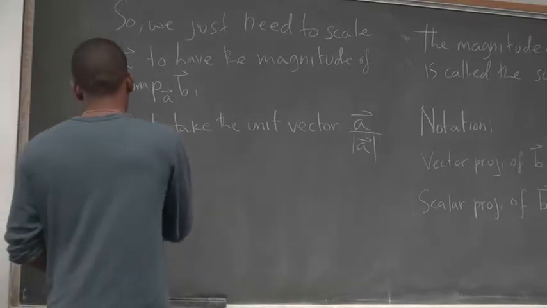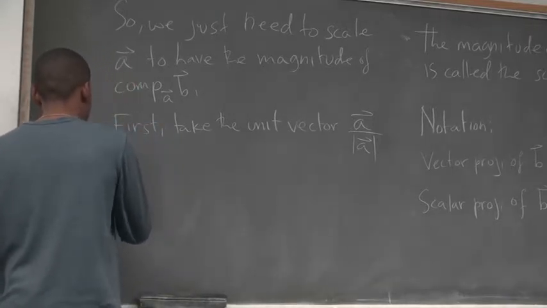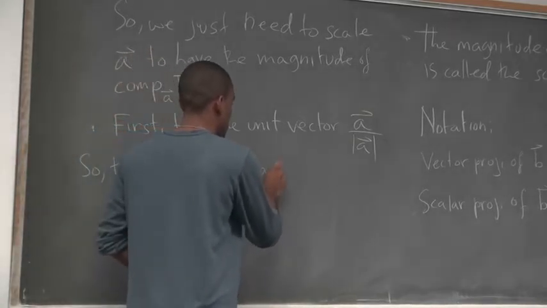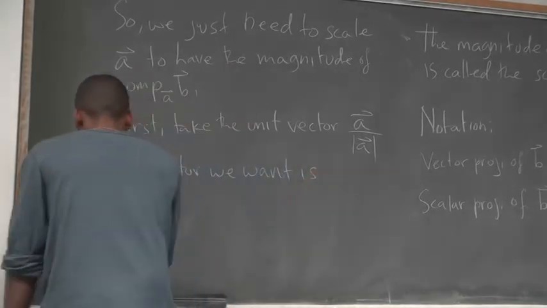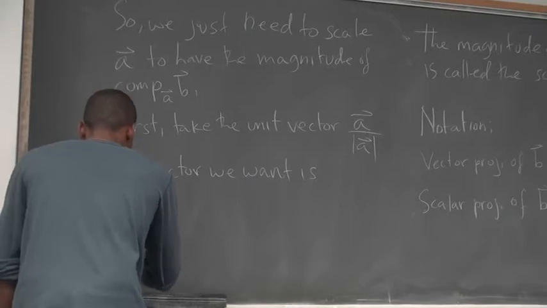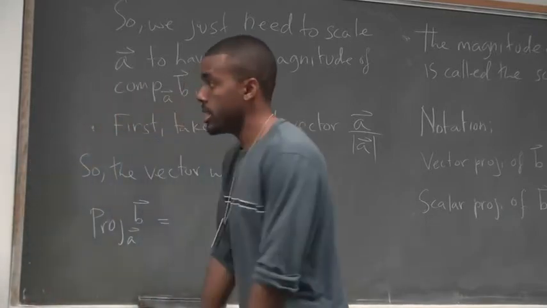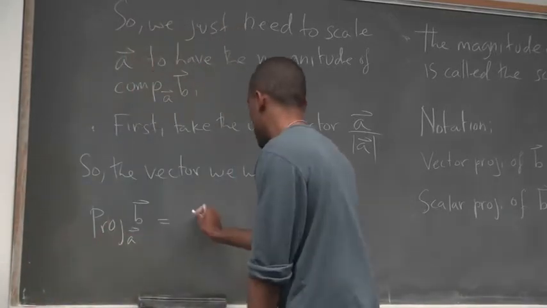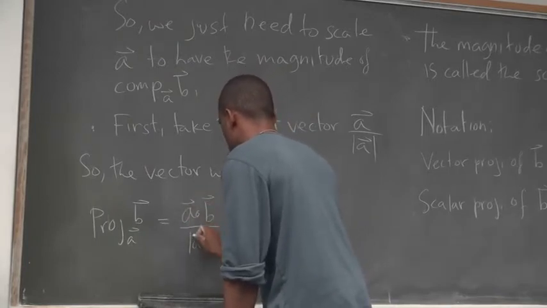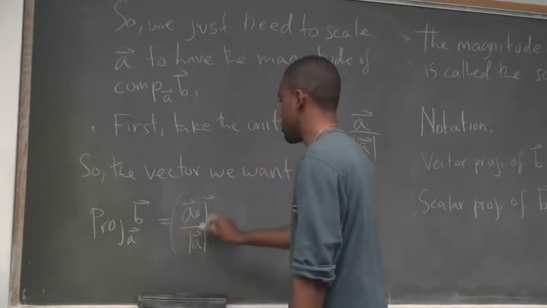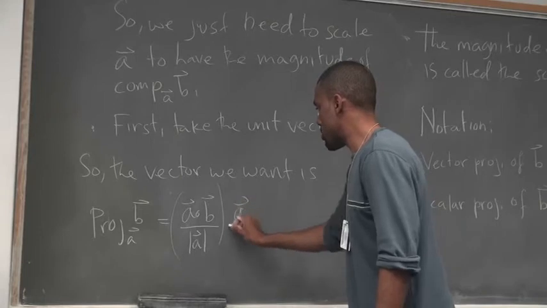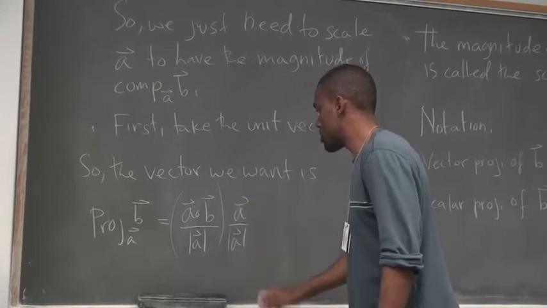So I'm going to take that magnitude and then multiply it, which by the way is a scalar, by this vector.